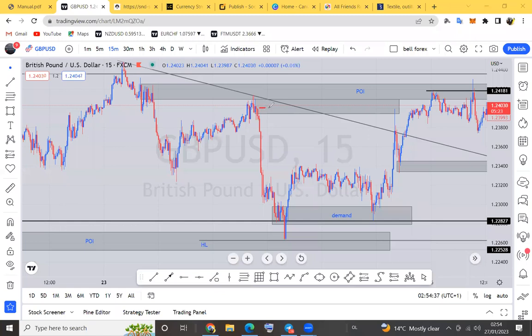It simply means that this is where this institution put their sell orders. And when price comes back to such zones, there must be a reaction. You see, price came back, touched it. There was a rapid rejection because this is probably where some of these sell orders were finally filled.